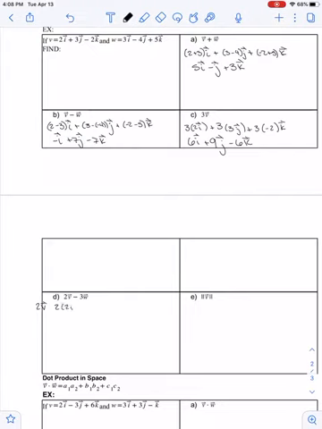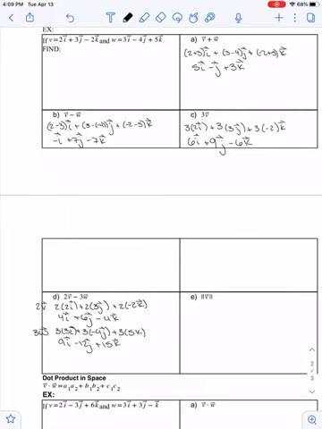So 2 times 2i plus 2 times 3j plus 2 times negative 2k, and we get that this equals 4i plus 6j minus 4k, and then 3w would be 3 times 3i plus 3 times negative 4j plus 3 times 5k. So that's 9i minus 12j plus 15k.